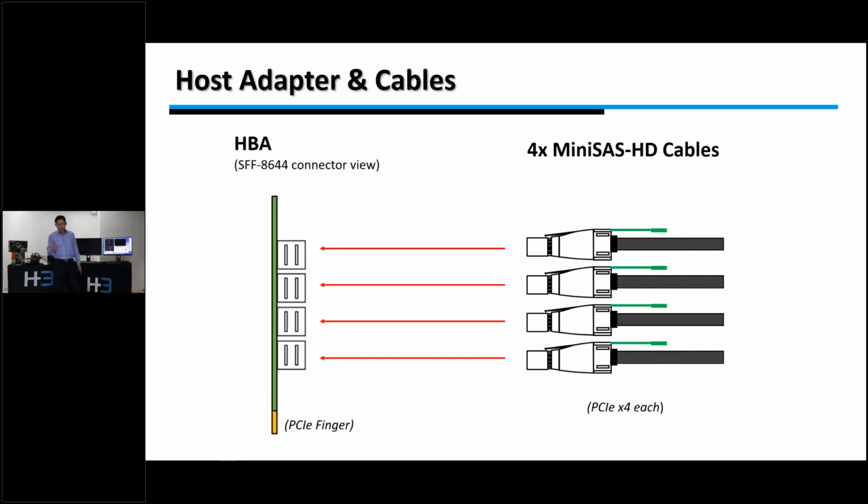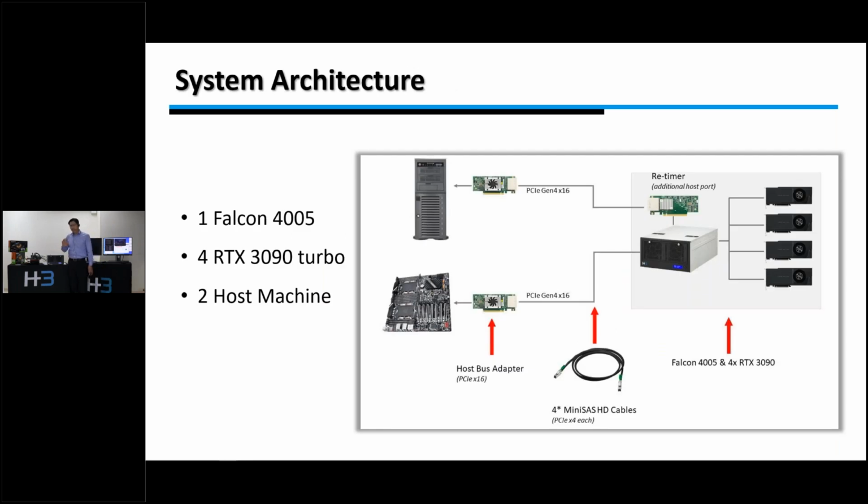These 4 RTX 3090s in the Falcon 4005 can be dynamically assigned to any connected workstation or server. In the very beginning, 1 GPU is assigned to Gigabyte and 3 3090s are assigned to the Supermicro server.